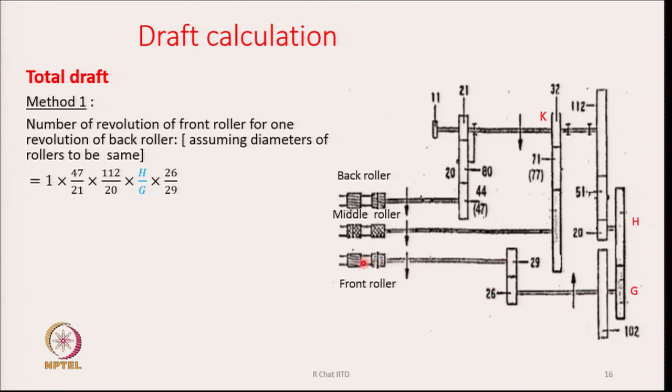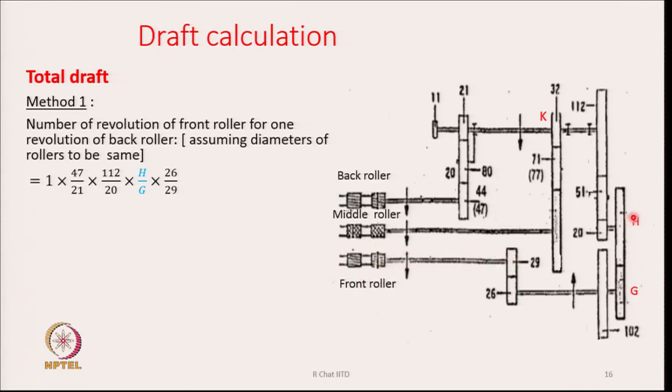So, that will give you 1 into 47 by 21 into 112 by 20. This is a common gear, so it will not come into the picture, and then it is H by G. These two are change gears. From here 26 by 29 will give me the speed of the front roller.